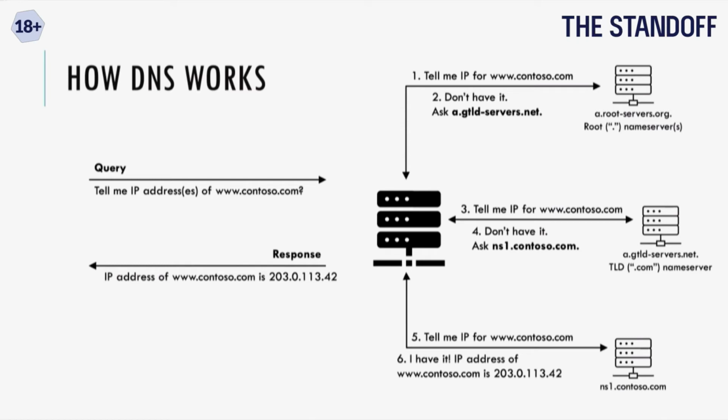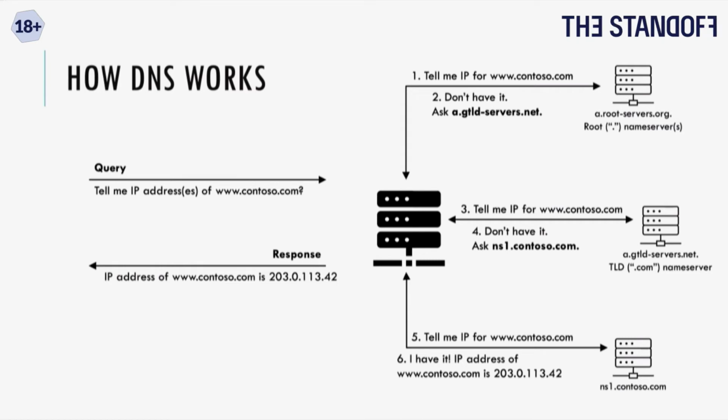It will request a name, or rather an IP for a name. Actually, the name will be broken down. Like www.contosa.com will be broken into 3 parts. The root zone is what actually comes after the last dot, right? So it starts from the end. It will address services responsible for different root zones, asking them if they know the right answer.